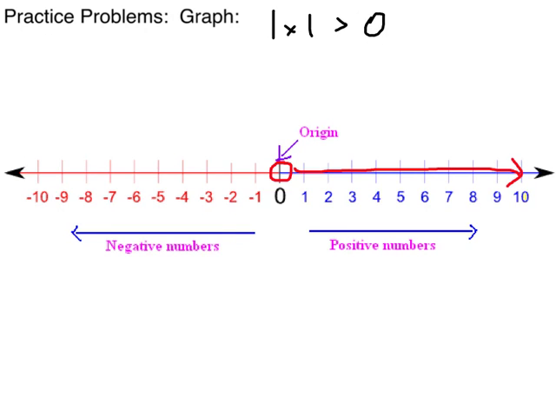But in this case, if we were to put negative 6 in the place of x, the absolute value of negative 6 is 6, and 6 is greater than 0. So all the negatives would apply as well. So our graph is going to look like this in this case. Only 0 is excluded.